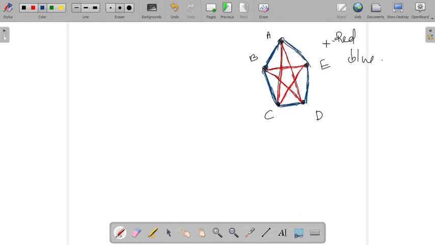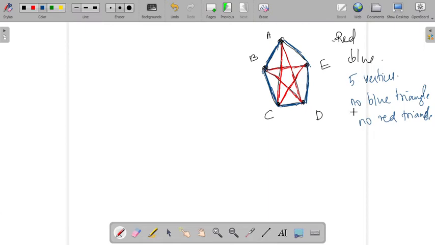So when you are taking the case of 5 vertices, you can find a coloring such that there is no blue triangle in it and no red triangle in it. But in the case of 6 vertices, whatever arbitrary coloring we take, there will always be a blue triangle or a red triangle inside it. So for 5 vertices we can take a coloring, even one where everything is blue. But our question is whether, in any arbitrary coloring, there will be a blue triangle or a red triangle. So you can find a coloring such that there is no blue or red triangle in it.